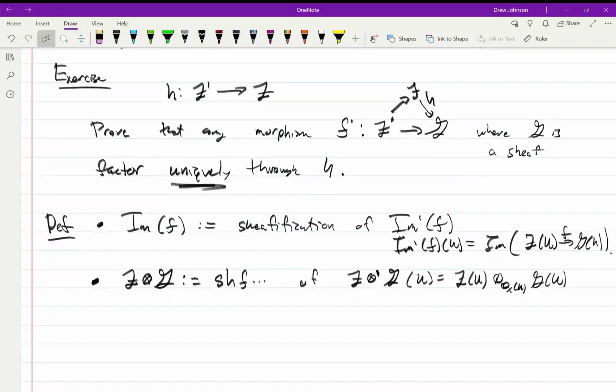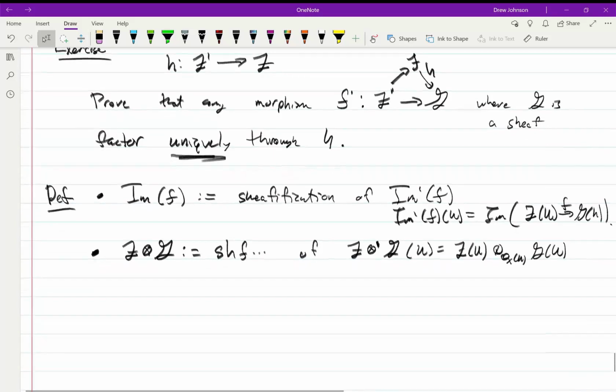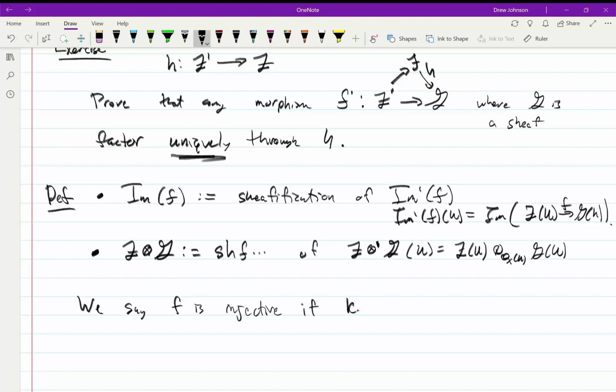Okay, and then there's a couple more that we haven't mentioned yet that let's mention now. But actually, first we need some definitions. Let's say F is injective if its kernel sheaf is equal to the zero sheaf.